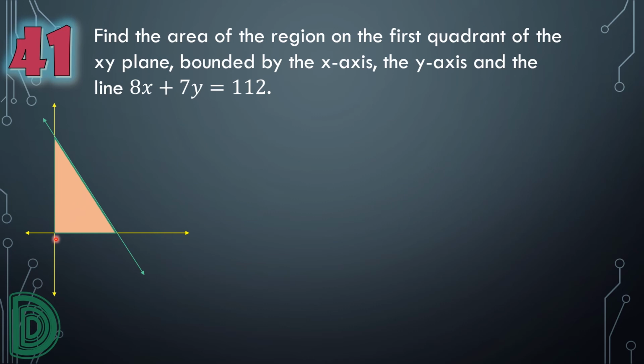The distance from the origin up to the x-intercept of the given line is the base of that triangle. From the origin until the y-intercept of the given line, that is the height of the triangle.